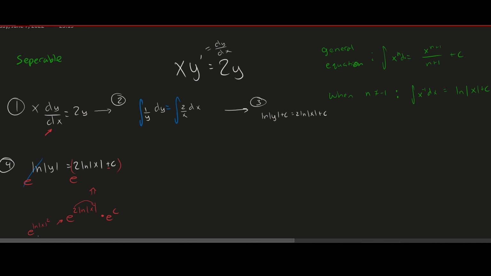So then we can get rid of our e and our ln, because we couldn't do it the other way. And so when we rewrite this, we are going to have y is equal to x squared plus c. So that's going to be the answer for this problem. That's how we would go about doing it and looking at anything like it.